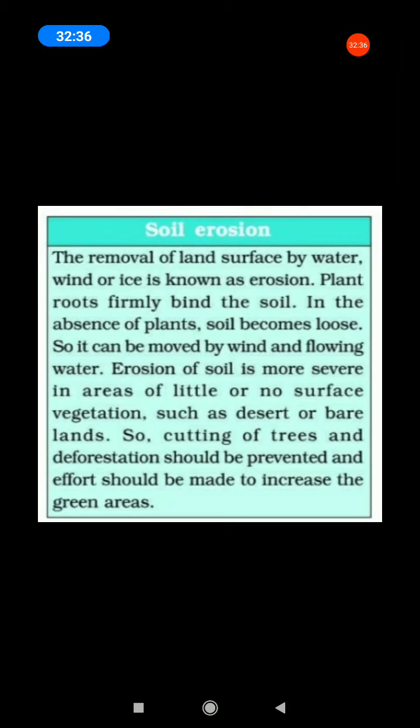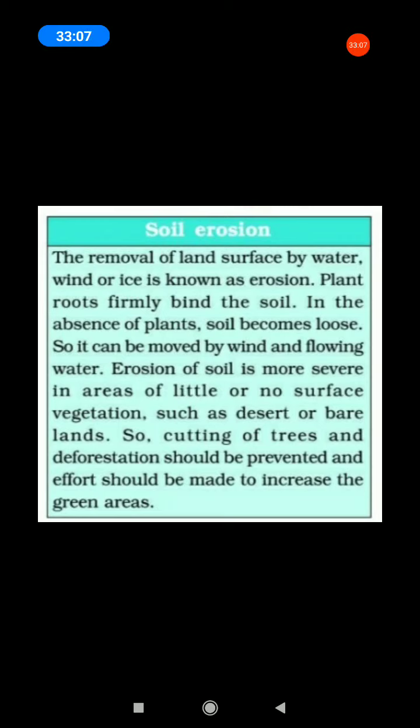Okay, next, soil erosion. See the box, page number 104. What is soil erosion? The removal of land surface by water, wind or ice is known as erosion. Plant roots firmly bind the soil.